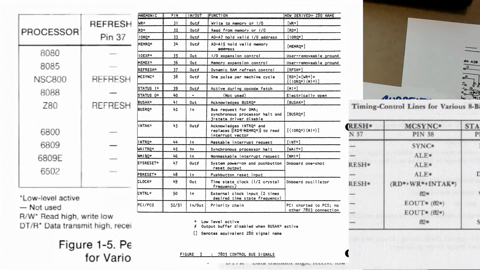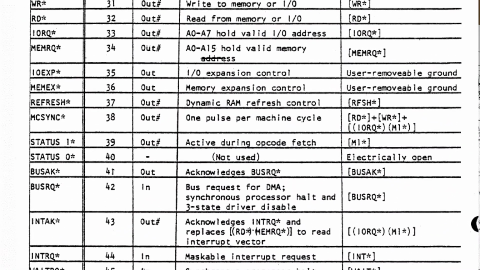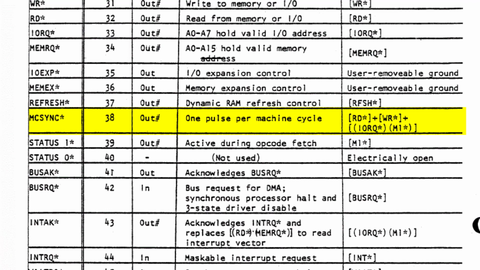Or here's another table in the Prologue manual where they've basically broken that down. So instead of interrupt acknowledge, they've broken that down into its components. Here they're saying that not MC sync is equal to not read, ORed with not write, ORed with not IO request that is ANDed with not M1. Where they're using the assertion level inputs again, but now they're referring to them with the asterisk, but the end product is an assertion level output, meaning its true is equal to 0 volts.